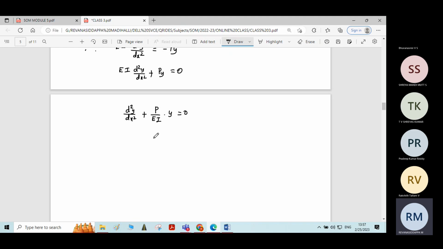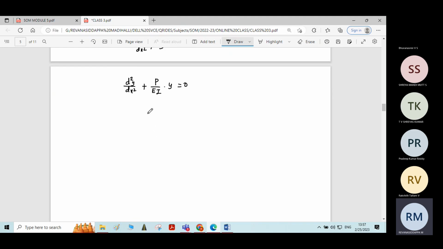Correct. Now the solution of the above differential equation is below, right?